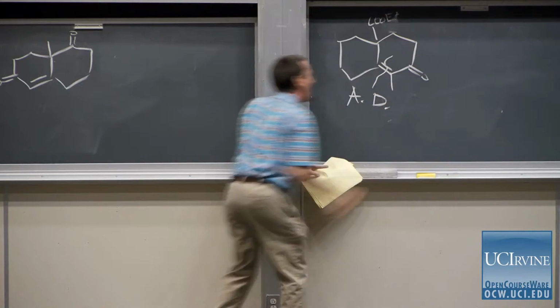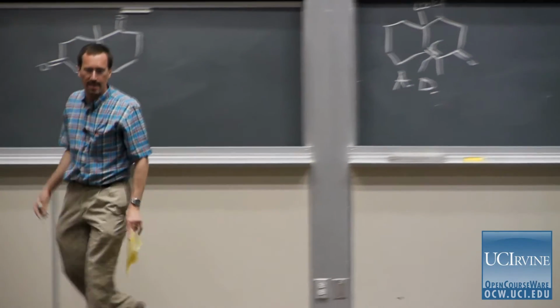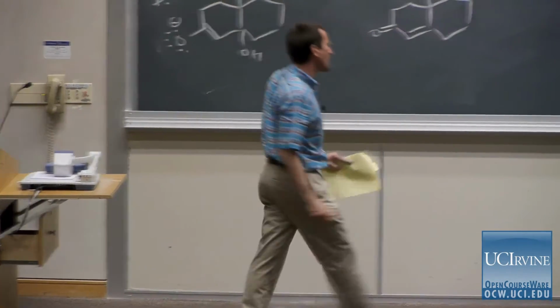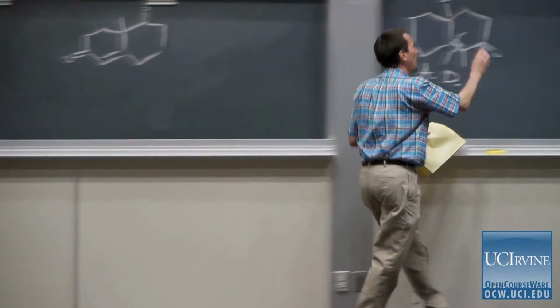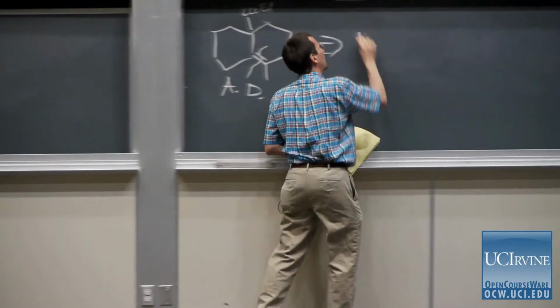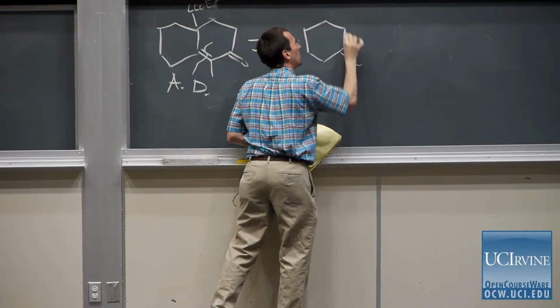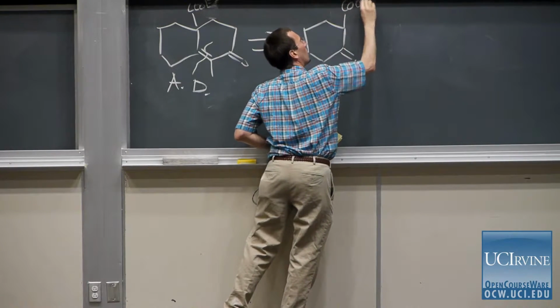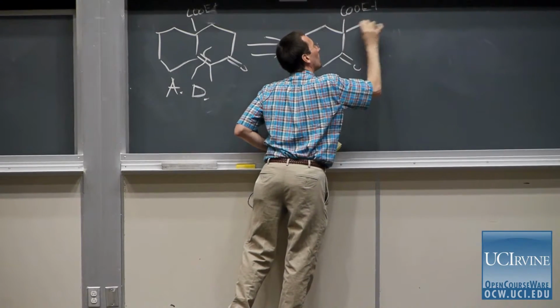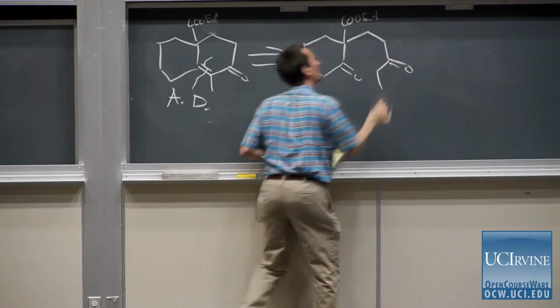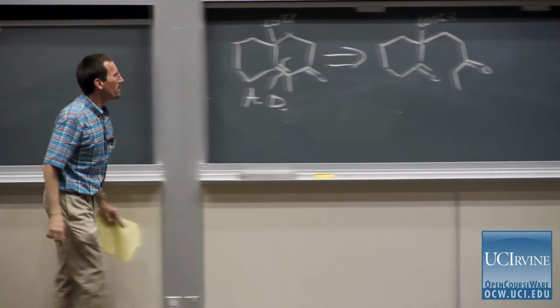Remember, MAD reaction, right? So this part of the chemistry can come from an aldol and a dehydration. So when I take that backwards retrosynthetically, I say, oh, the immediate precursor to that could have been this.